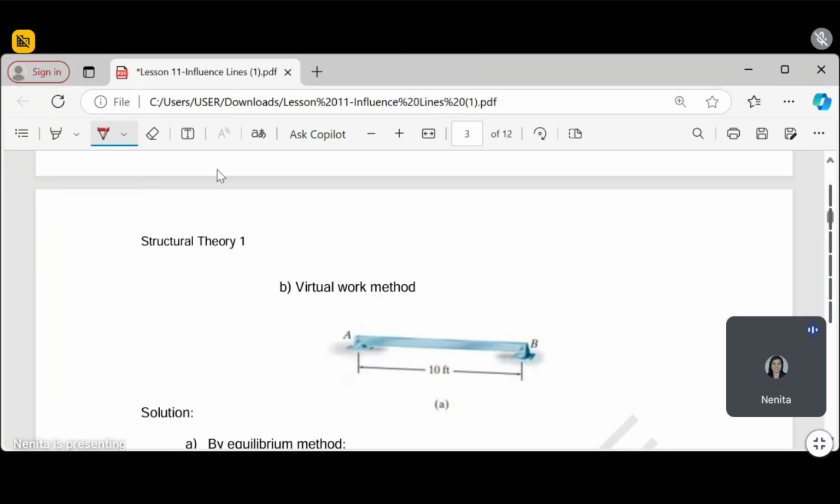Mag-ano lang ko class mag-open lang ko ng isang PDF file para diha tayo mag-start.